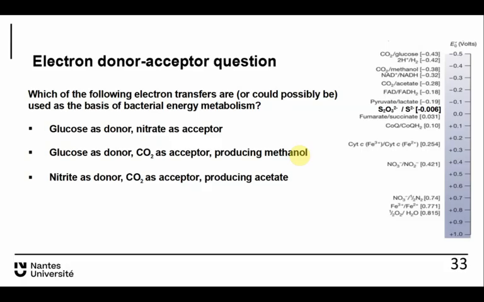I'm saying that we've got, at the same time, don't worry about where the carbon is coming from.